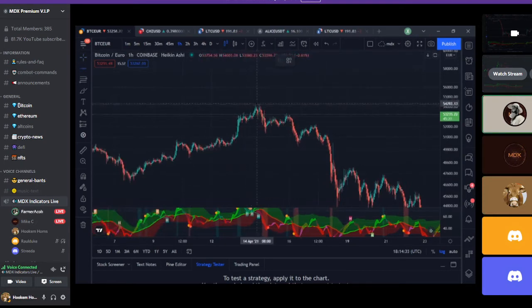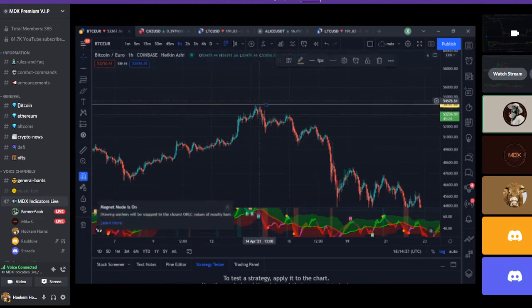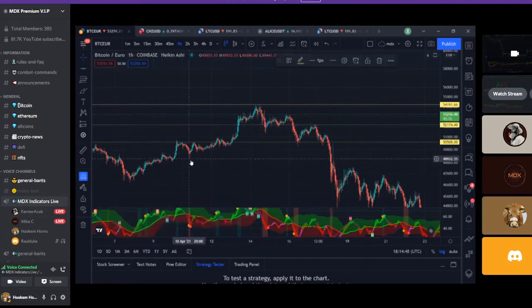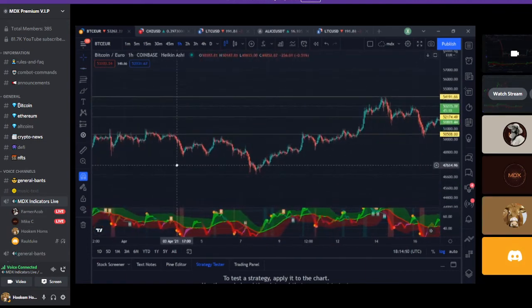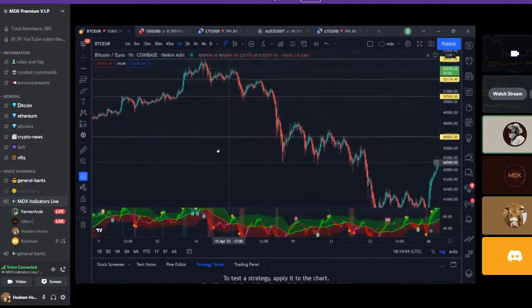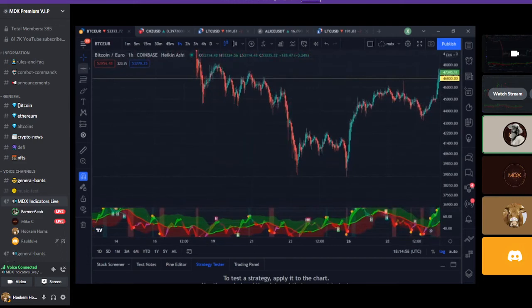I need to turn back on my magnet and just chart out the tops and bottoms, right? I'm just gonna do this quick. I'm not gonna look at it crazy because this is Euro and I'll never look at it.